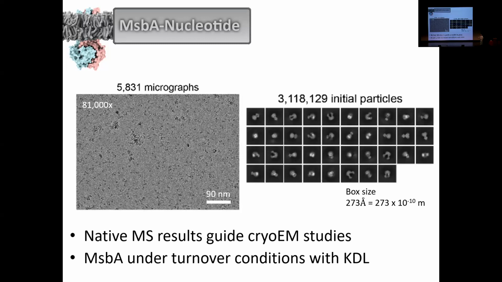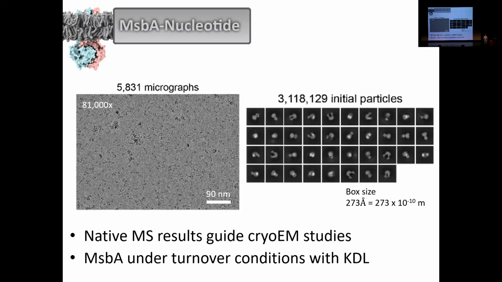Just to give you perspective, each side of the box size of this square is 273 angstroms. By the way, that's 10 to the minus 10 meters. That's the scale at which we're looking at these small proteins at the atomic level.